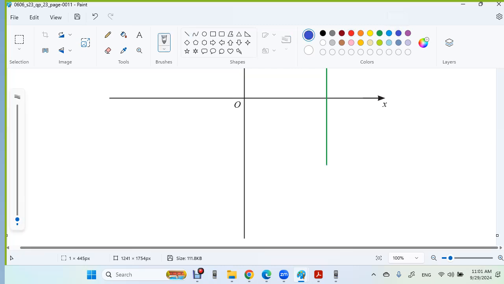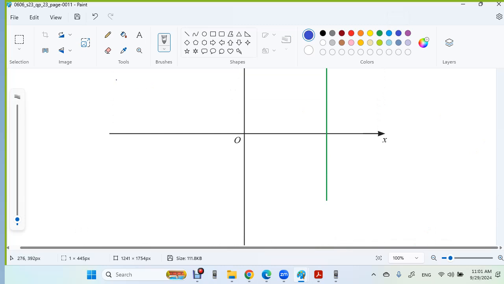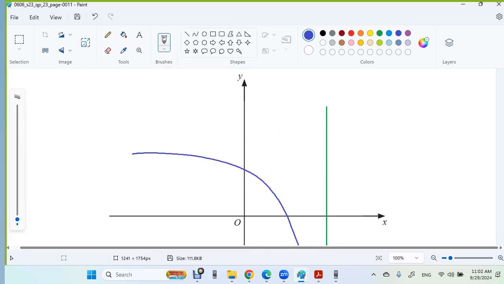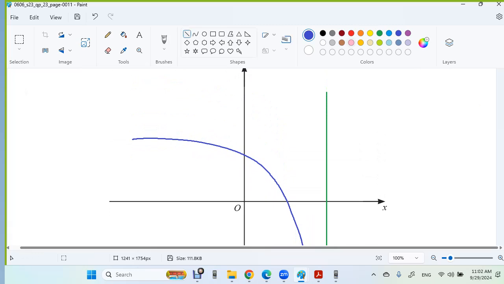So the graph will look like this. And then we have the inverse. The asymptote will be here, 4 here.